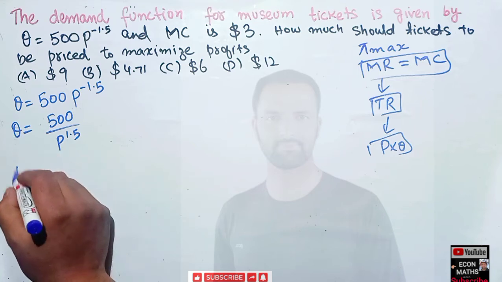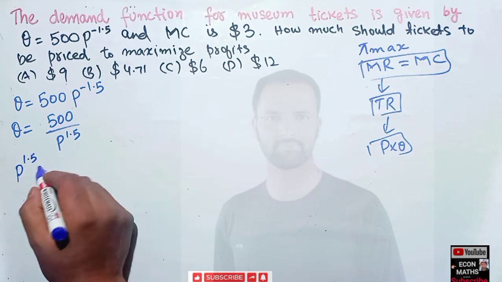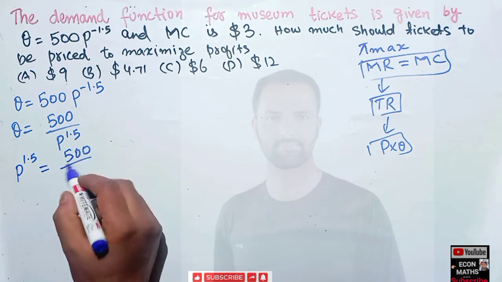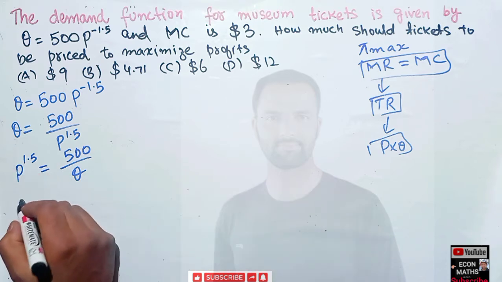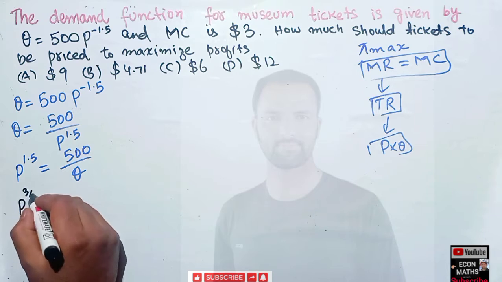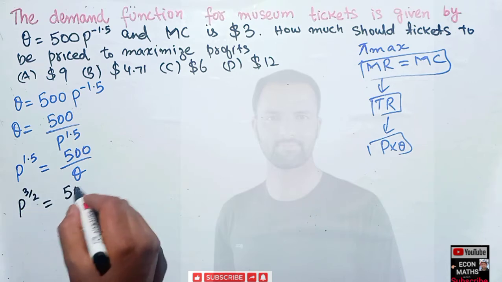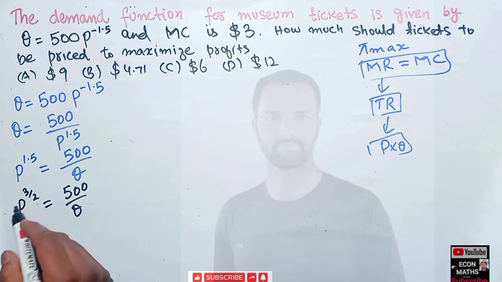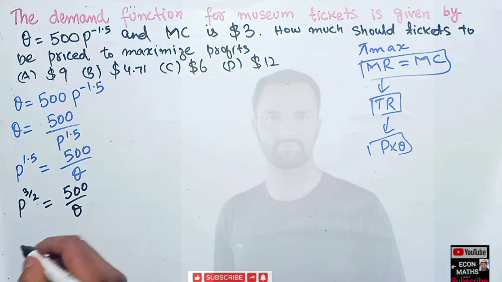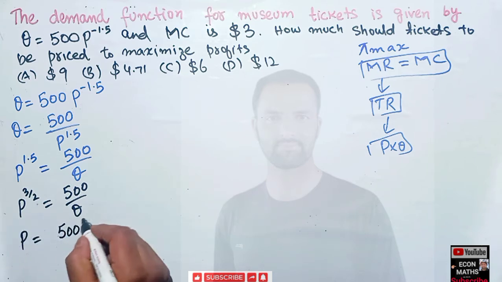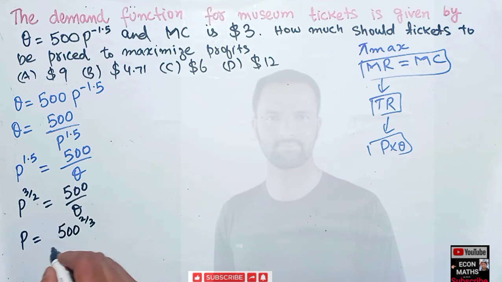Or if we transpose this, p to the power 1.5 is equal to 500 upon Q. Now p to the power 1.5 can be written like this: p to the power 3 upon 2 is equal to 500 upon Q. Or if we transpose this exponent, the exponent will get reciprocated in the RHS. So p is equal to 500 to the power 2 upon 3 divided by Q to the power 2 upon 3.